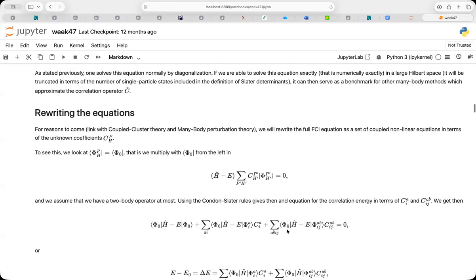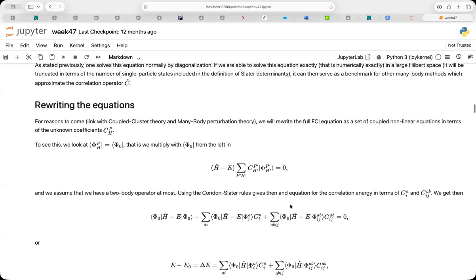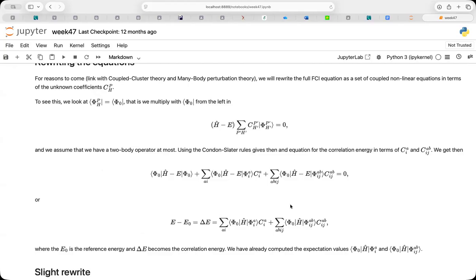One of the things which I wanted to start with today is to remind you of a cumbersome and not very efficient way of setting up the FCI equations. So I'm going to start with a reminder of the exponential ansatz as a way to approximate the exact wave function.